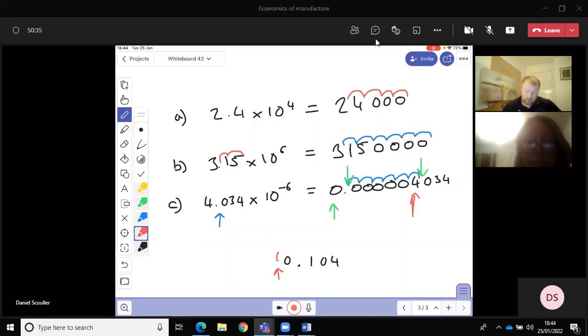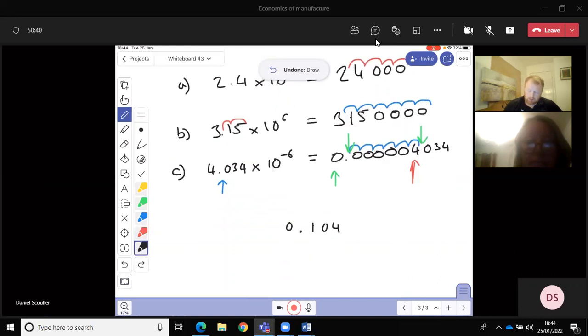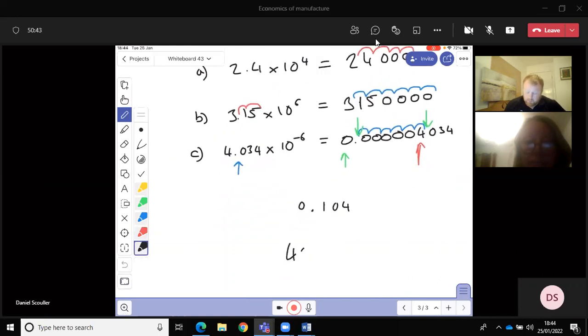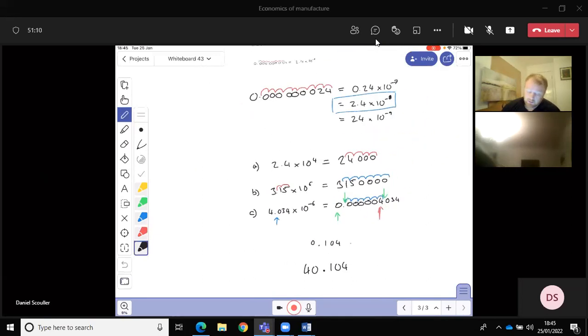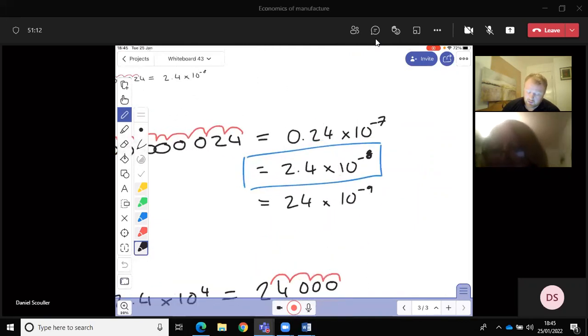So if that was, say, the number 40.104, what could you do there? I'm trying to think of an example that would make sense, because essentially yes and no.